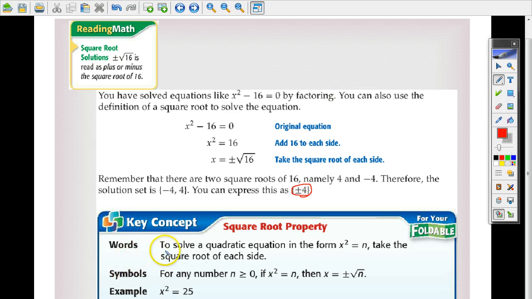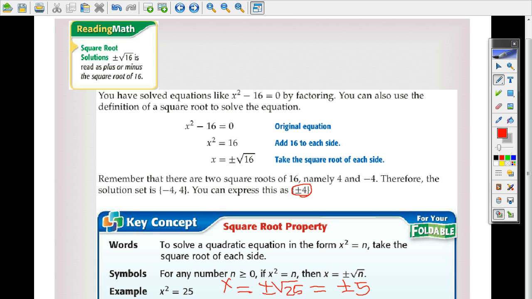Okay. So to solve a quadratic equation in the form x squared equals n, take the square root of each side. For any number n greater than or equal to 0, if x squared equals n, then x equals plus or minus square root of n. For example, if you have x squared equals 25, then you have x equals plus or minus square root of 25, which is equal to plus or minus 5.